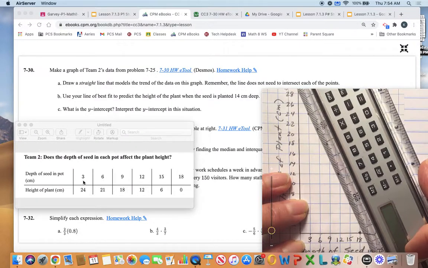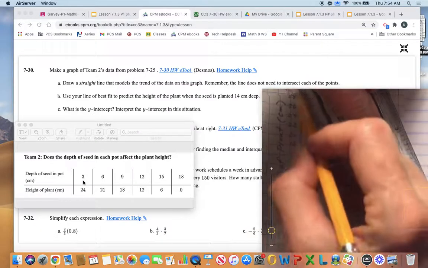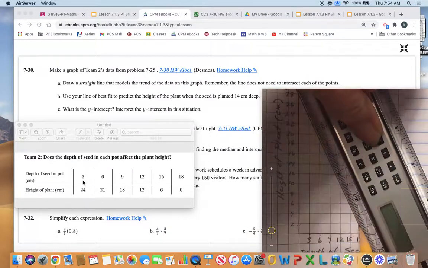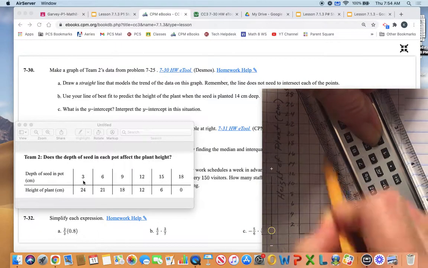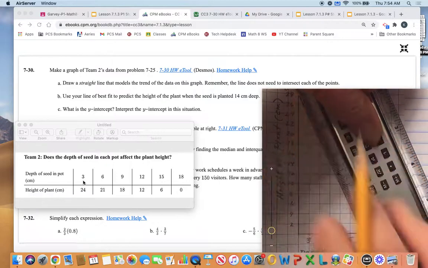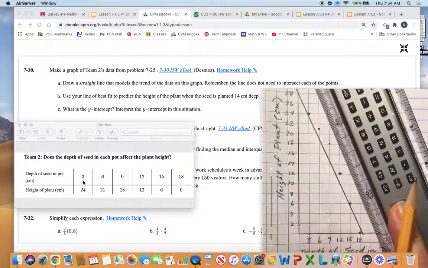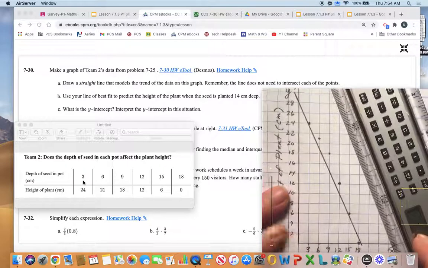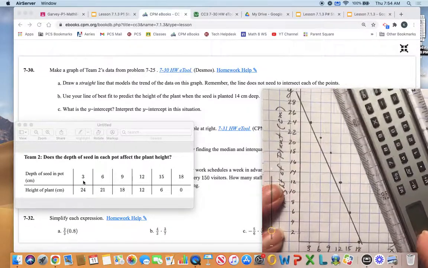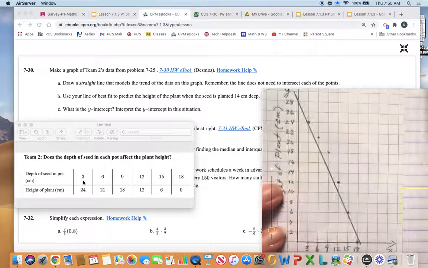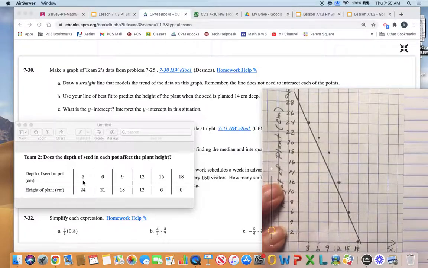And it goes right about there. So I'm going to draw my line right about there. And notice that I'm going through the y-axis when I draw my line. And that's because we had that question about the y-intercept later. So it's handy to have gone that far.